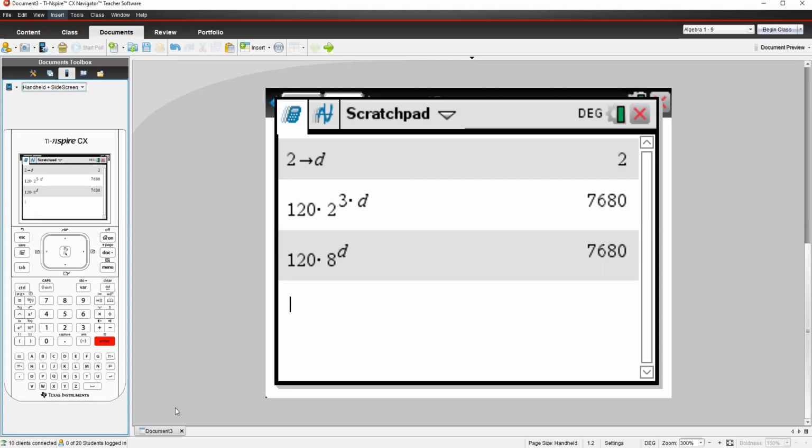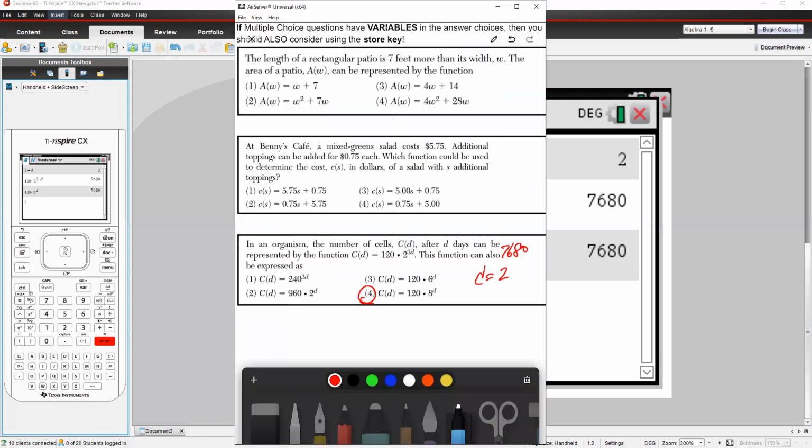All right, so even though it doesn't say equivalent or simplify, if the multiple choice questions have a bunch of variables in them, like these do, you can always plug in a number for the variable, do the calculations, and then find the one that matches.